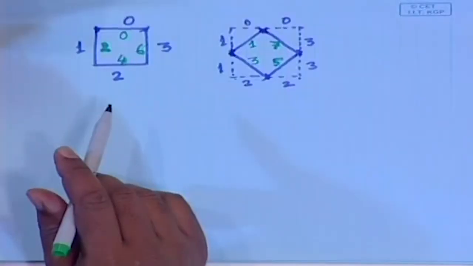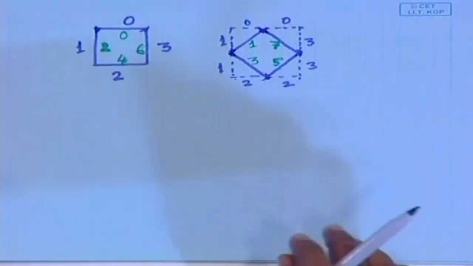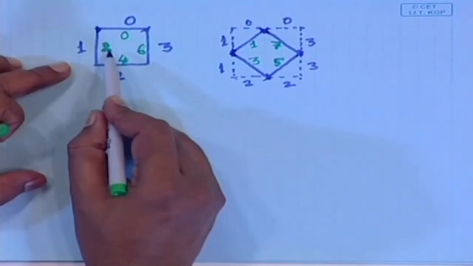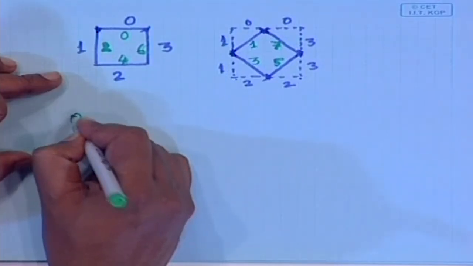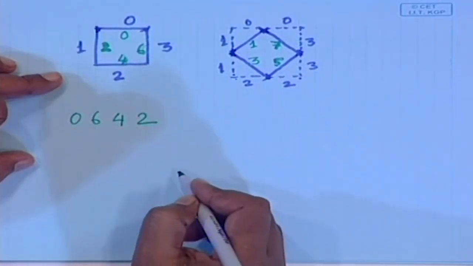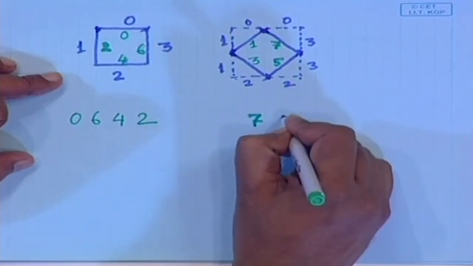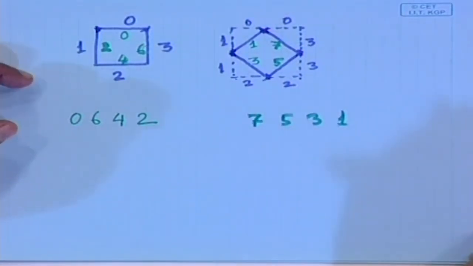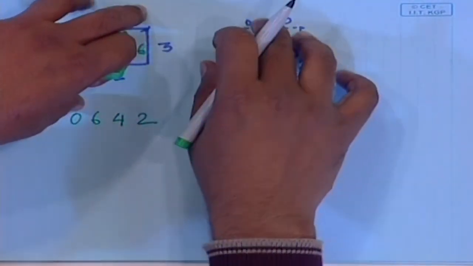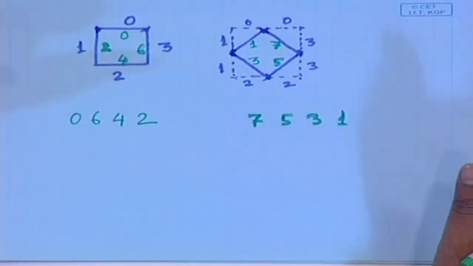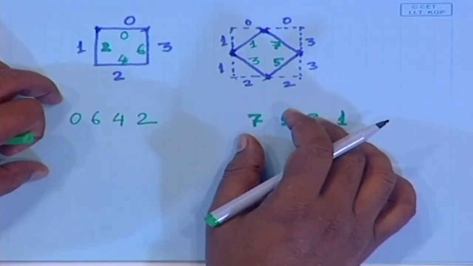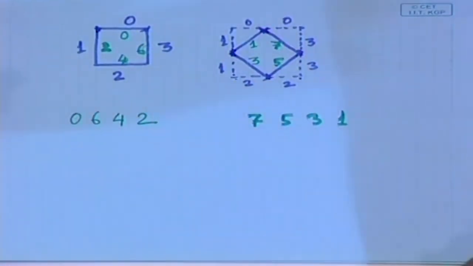Okay. So you find that over here my chain code becomes 0, 6, 4, 2, and over here the chain code becomes 7, 5, 3, 1. Okay. So following 4 connectivity, though I could say that one is just a scaled version of the other, the moment I go for 8 connectivity, because this gives me more precision, the chain codes are totally different.